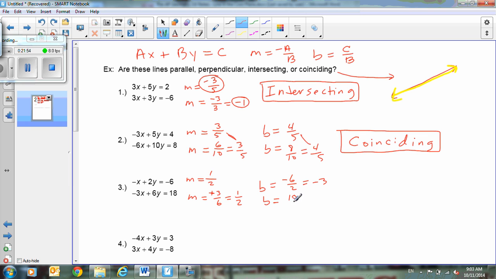And 18 divided by 6 is +3. So these two lines have the same slope, but different y-intercepts. What that tells us is that those two lines are parallel. All right, if they're parallel, that means they'll never intersect, so this system of equations has no solution. There is no ordered pair that satisfies both of these equations at the same time.